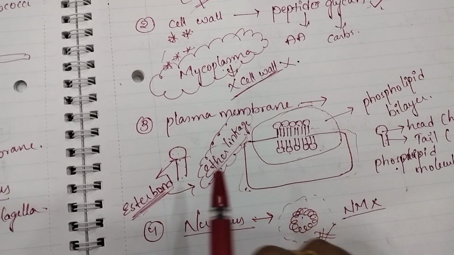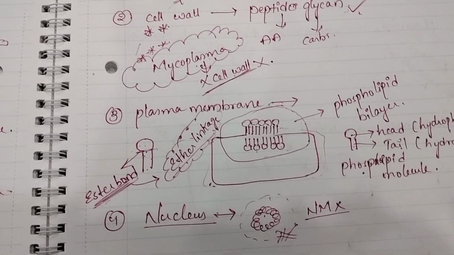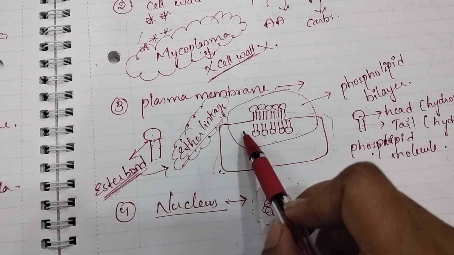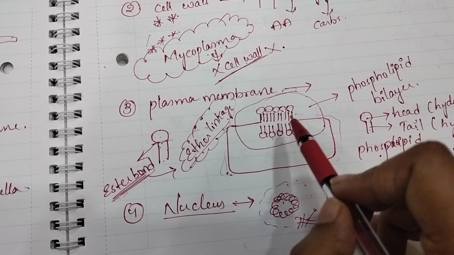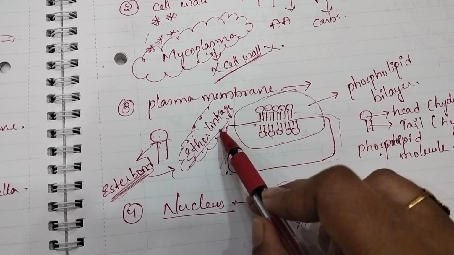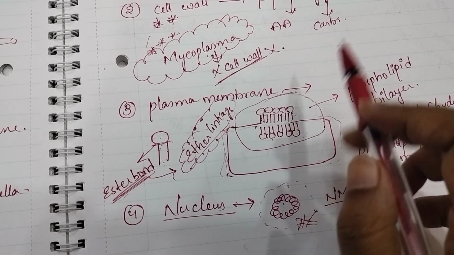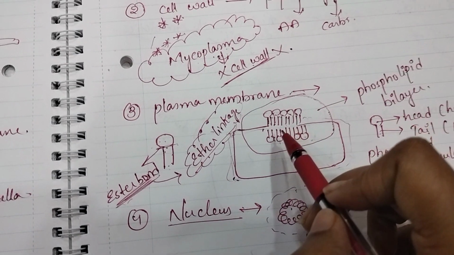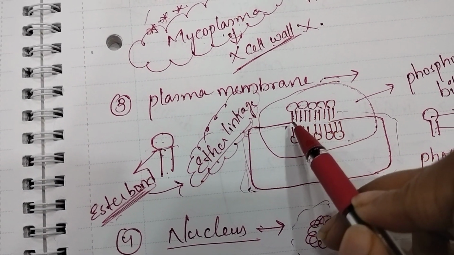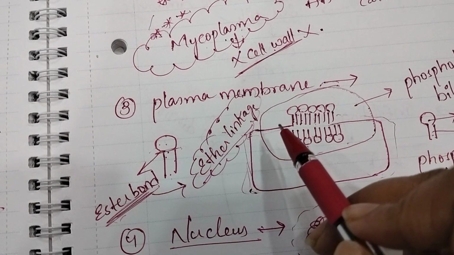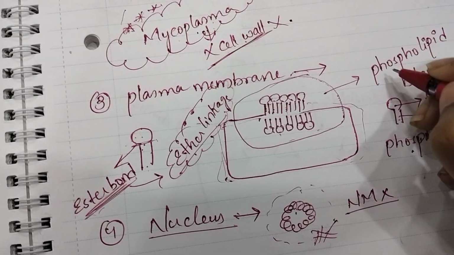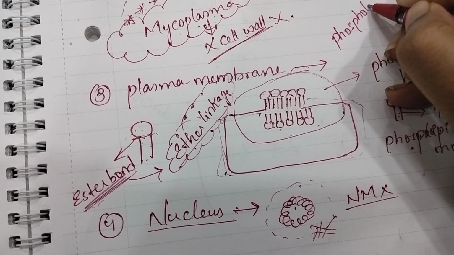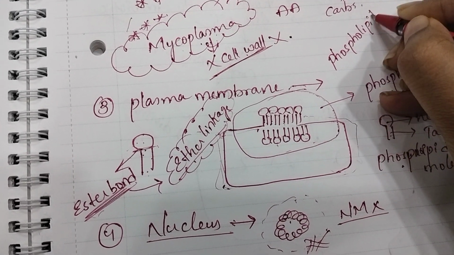And then comes the plasma membrane. The plasma membrane is pretty much similar to that of the eukaryotic cell. I have drawn the plasma membrane as a line, but it does not actually appear like a line. If you zoom in on this line, it will look like this. The plasma membrane is composed of phospholipid molecules.